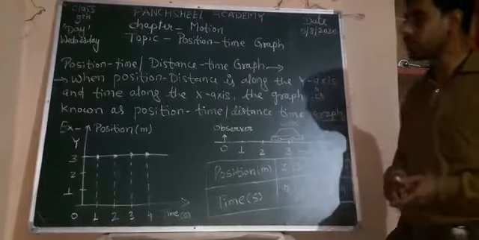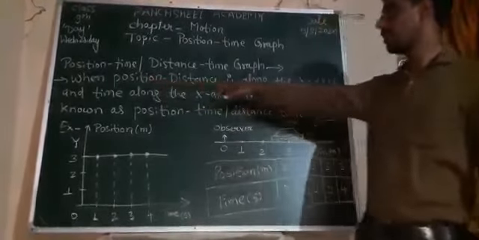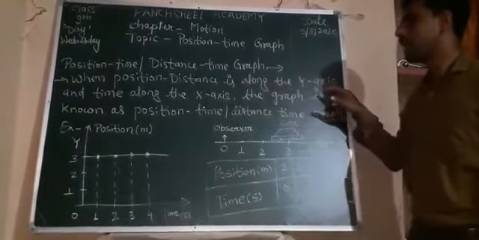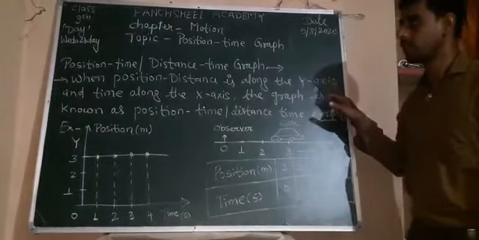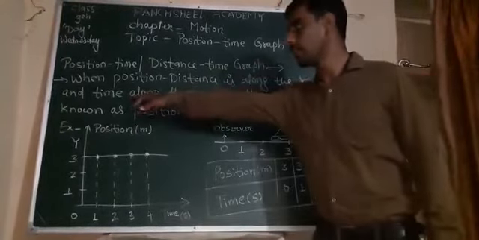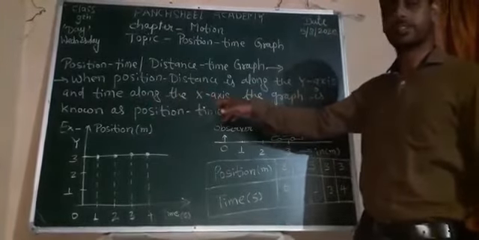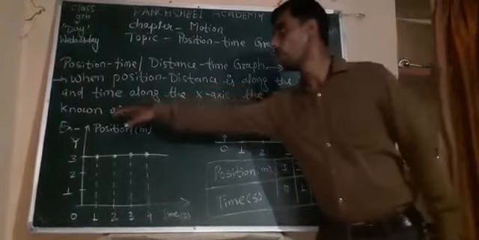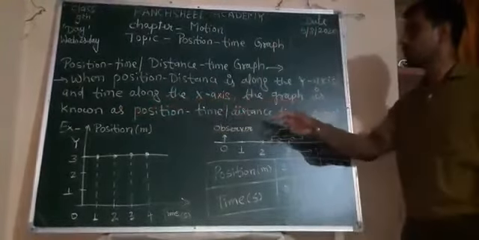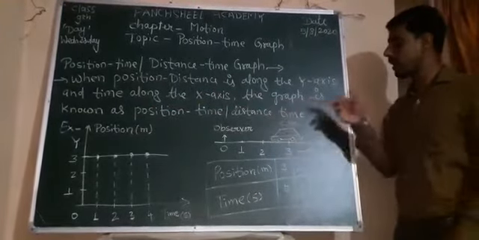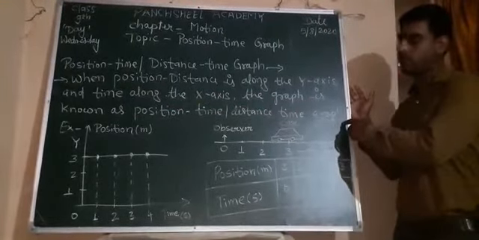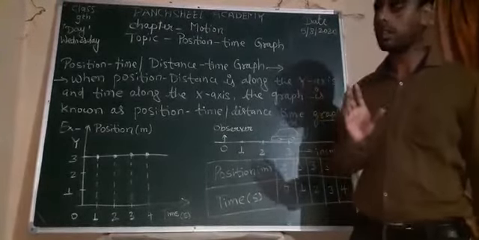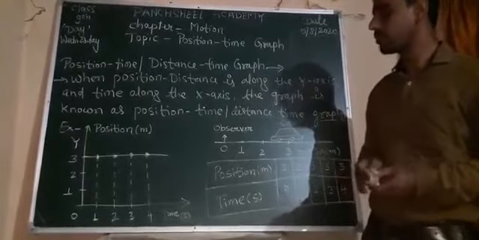So when position or distance is along the y-axis and time along the x-axis, the graph is known as position time or distance time graph. All of you know how to plot a graph.